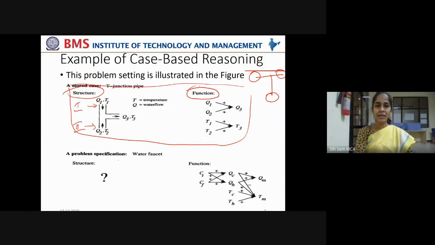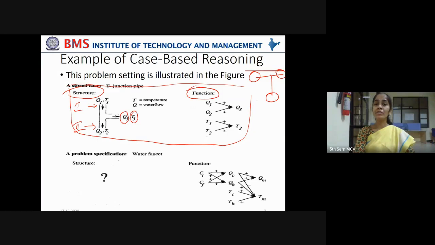In the first inlet, there is water flow Q1 and temperature T1, and from the second inlet, water flow Q2 and temperature T2. If these two inlets are allowed into the T-junction pipe, then the outlet will have a flow Q3 and temperature T3. Okay, this is the basic structure of a T-junction pipe.